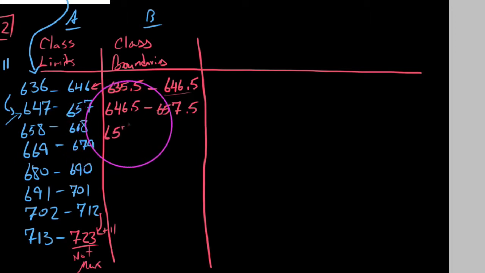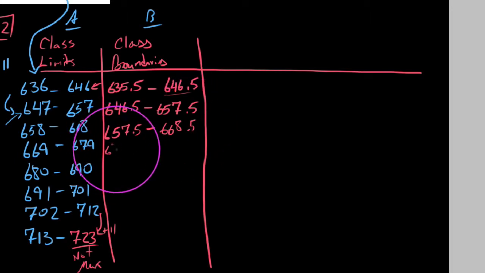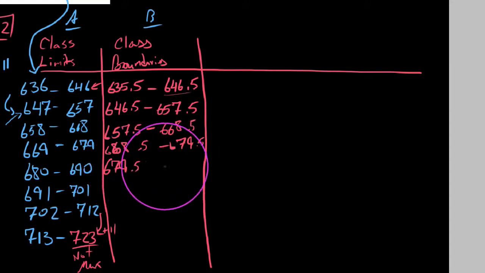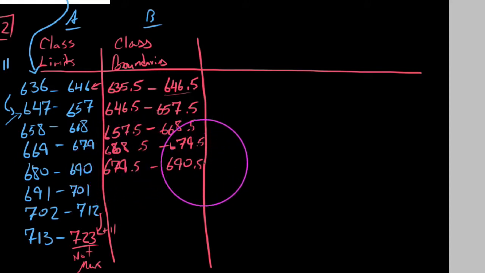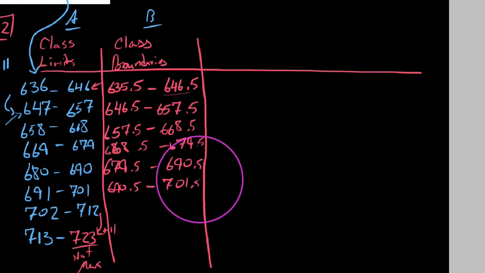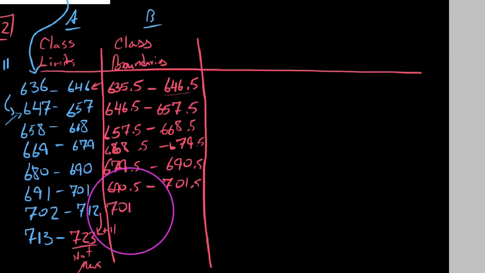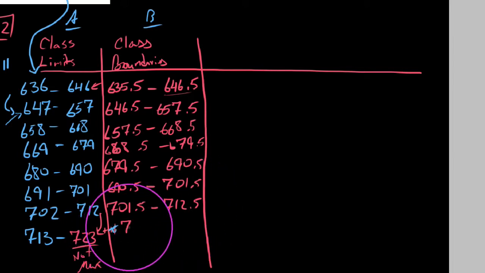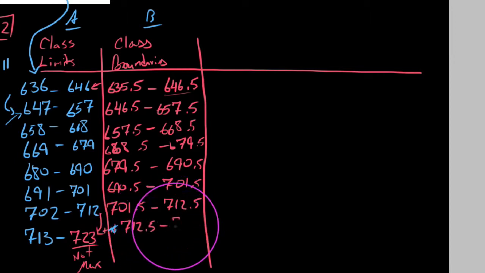So this will start at 657.5 up to 668.5, 668.5 up to 679.5, 679.5 up to 690.5, 690.5 up to 701.5. Then we have 701.5 up to 712.5. And then we have, last but not least, 712.5 up to 723.5.